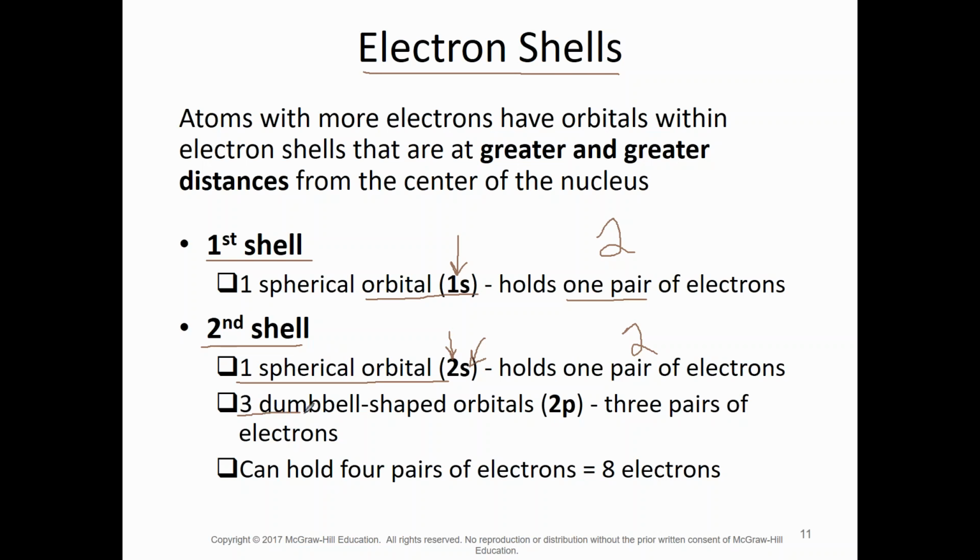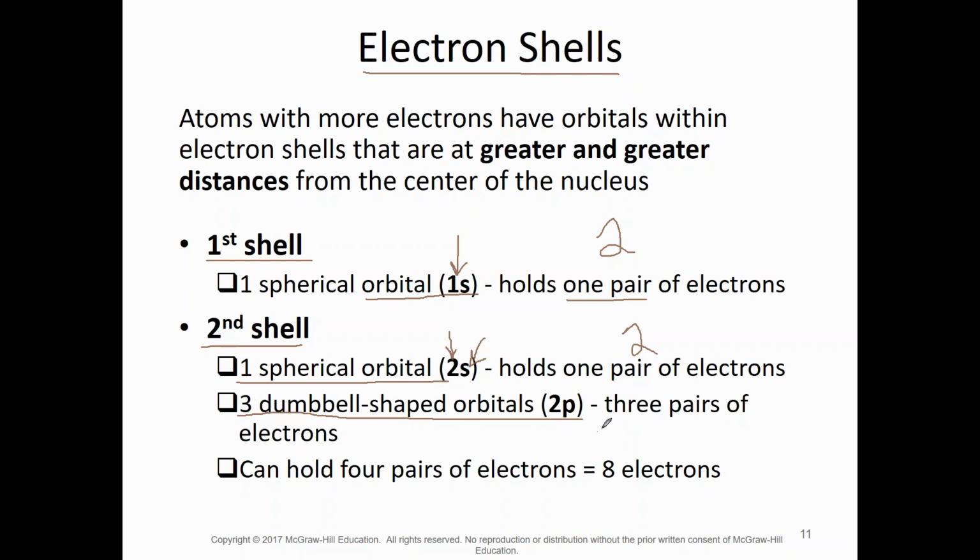Well, there are 3 p orbitals. And the p orbitals have a dumbbell or propeller shape. So think of the p as standing for propeller. Of course, you know the 2 stands for the second floor or the second shell. So we have 3 p orbitals on the second shell.